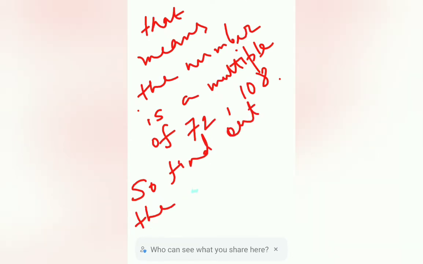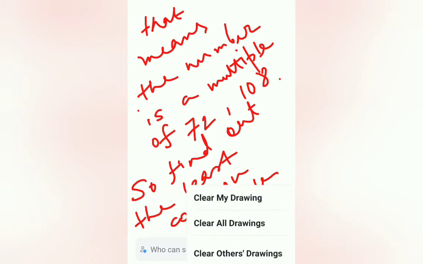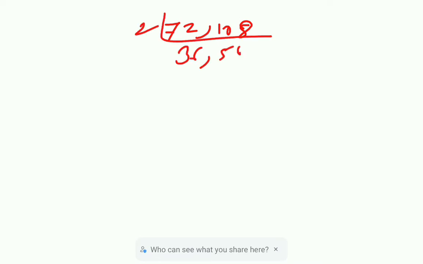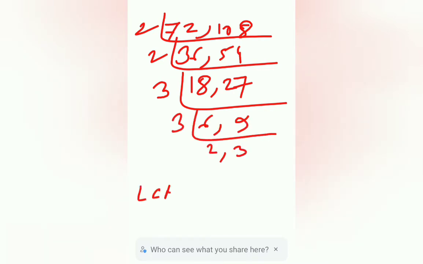So find out the least common multiple, that is LCM, of 72 and 108. I am using the factorization method of LCM.